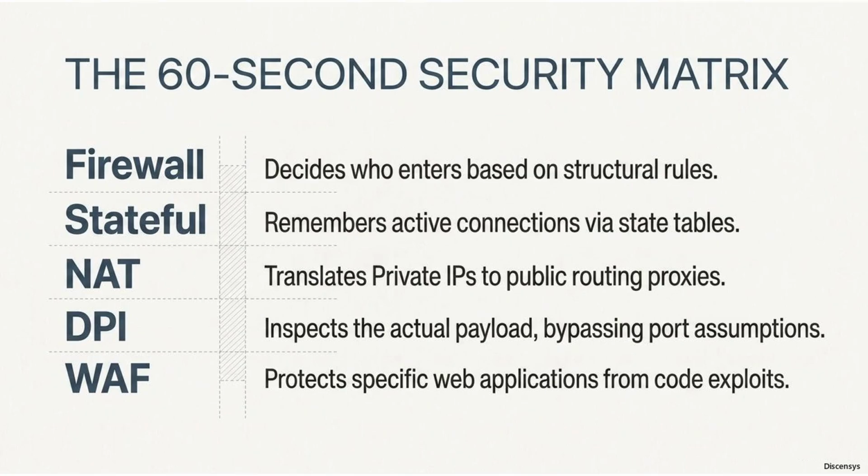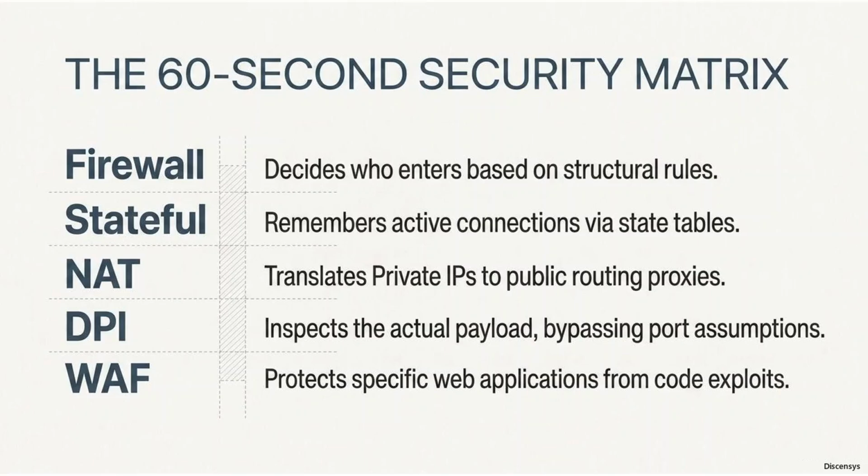So who remembers the company story here till the end? Okay, let's try to recap as well, revise while mapping. So here the firewall is acting like a security guard in real life, and the stateful is acting as a visitor log, and NAT is the receptionist, and DPI is the X-ray scanner, and WAF is the property protector.